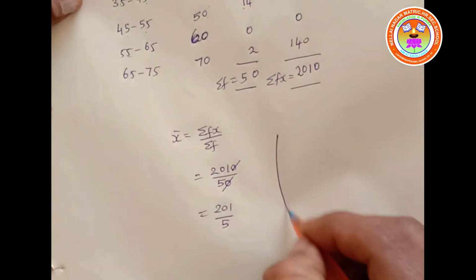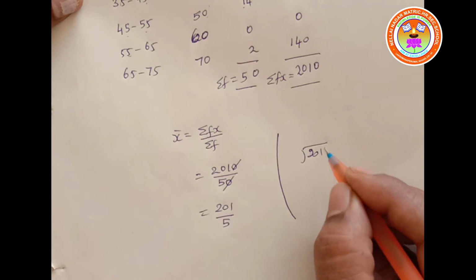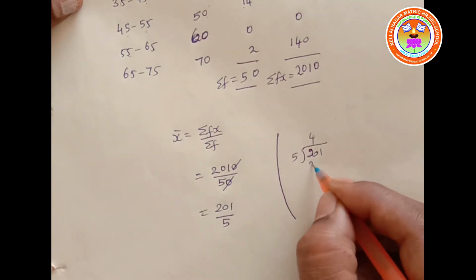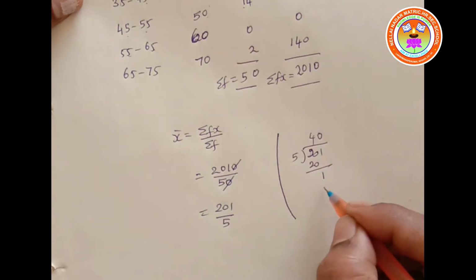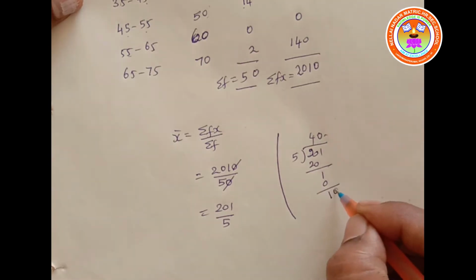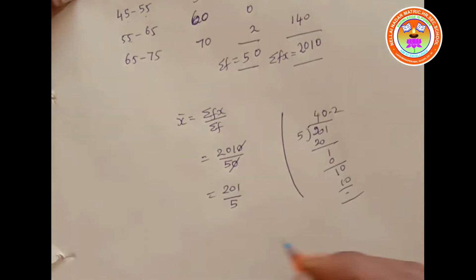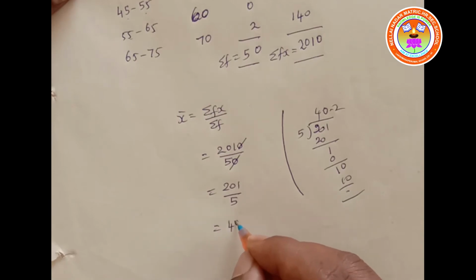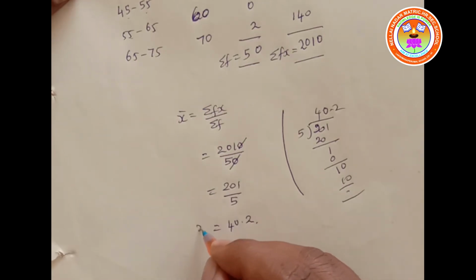It's clear, children? 201 by 5: 5 fours are 20, carry 1, 0, 1, 0.0, 5 twos are 10, that is equal to 40.2, x bar.